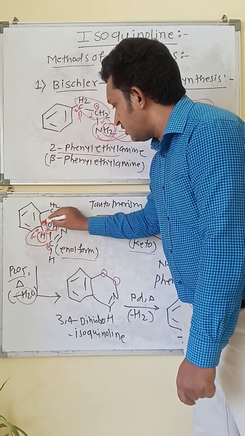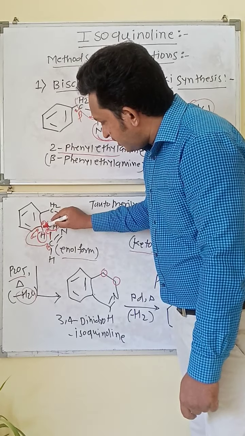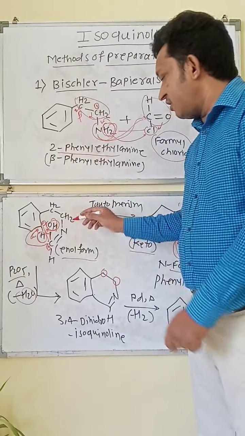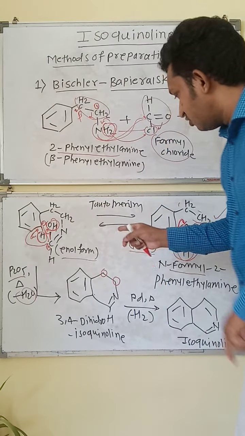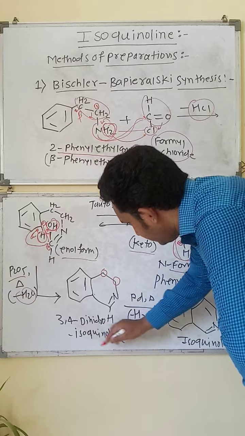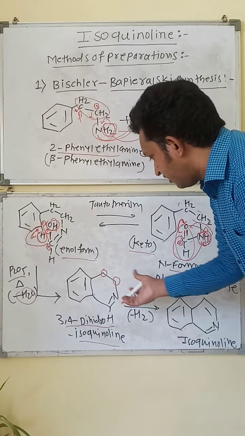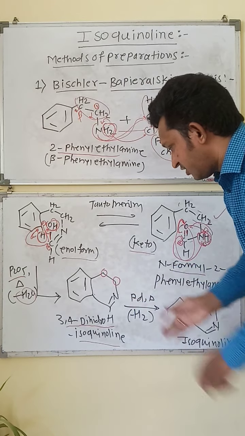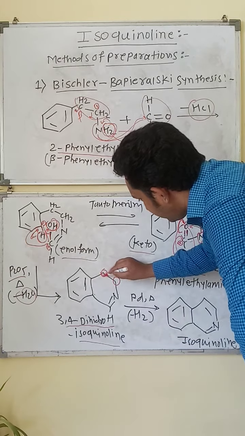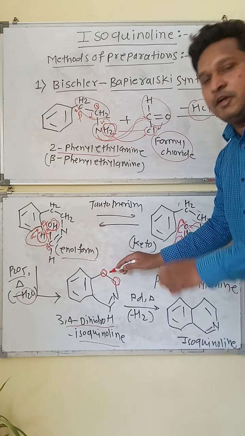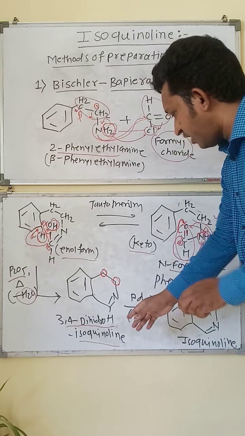So this benzene ring carbon will be electron rich and will attack the electron deficient carbon, and there is a ring closure reaction. So we get the cyclic structure, called 3,4-dihydroisoquinoline, because the third and fourth position carbons are saturated with hydrogen.